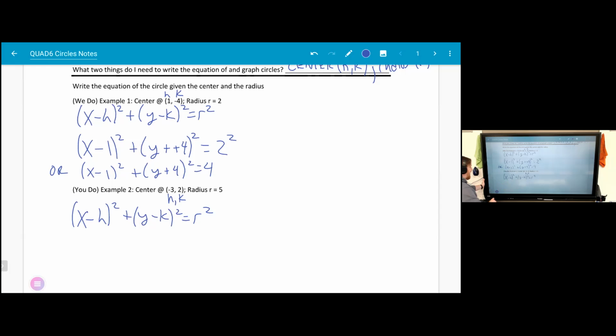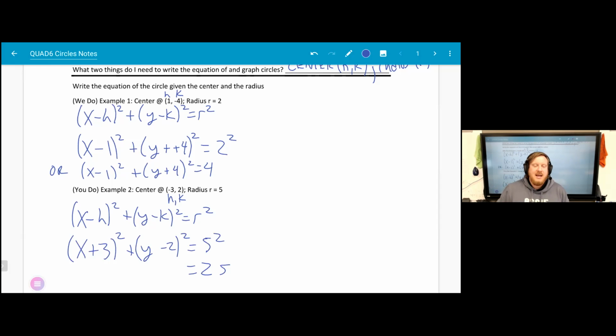If we replace these things, we end up with x plus 3, because it's minus negative 3 squared, plus y minus 2 squared equals, you could say 5 squared, or you could have everything and have it equal to 25. Either way is correct. I like leaving it as the 5 squared sometimes, because if I'm going to graph it, which you're going to have to, it's nice to know what the radius is and not the radius squared.